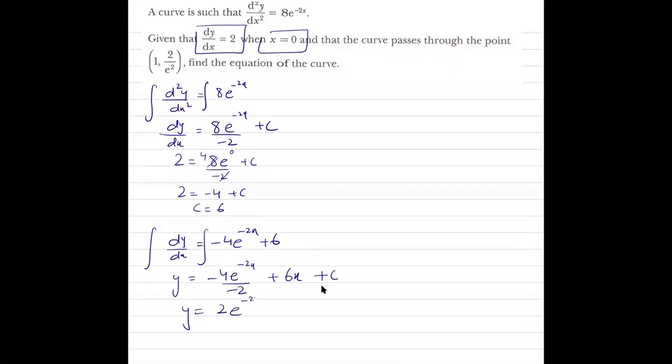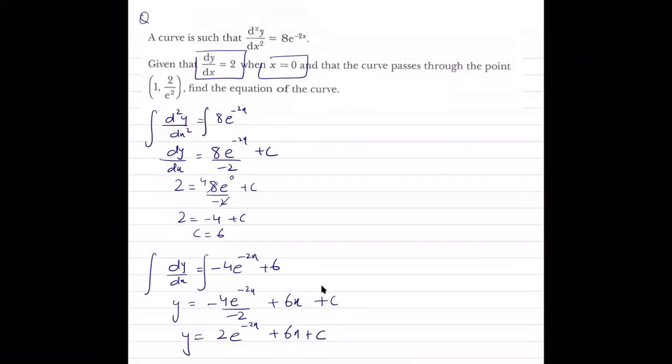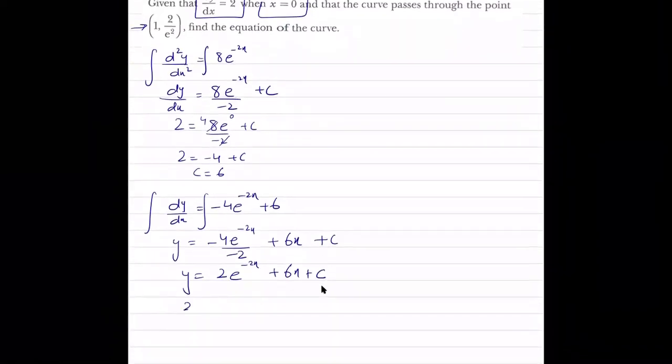Simplifying this expression is going to result in 2e to the power of minus 2x plus 6x plus c. Now this curve is passing through 1 comma 2 upon e square. So when y is 2 upon e square, x is 1.